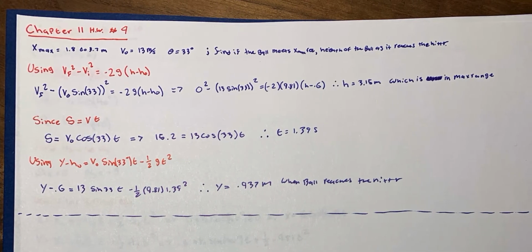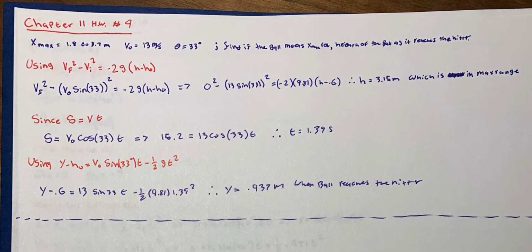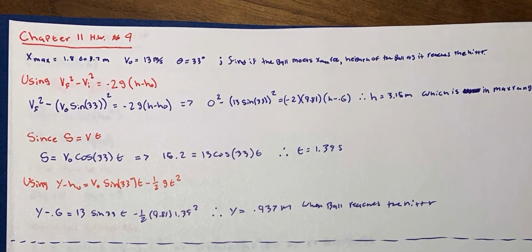So this one's not too bad, just using a standard motion equation: velocity final squared minus velocity initial squared is equal to 2g times the total height. And just plugging in the numbers that were given.